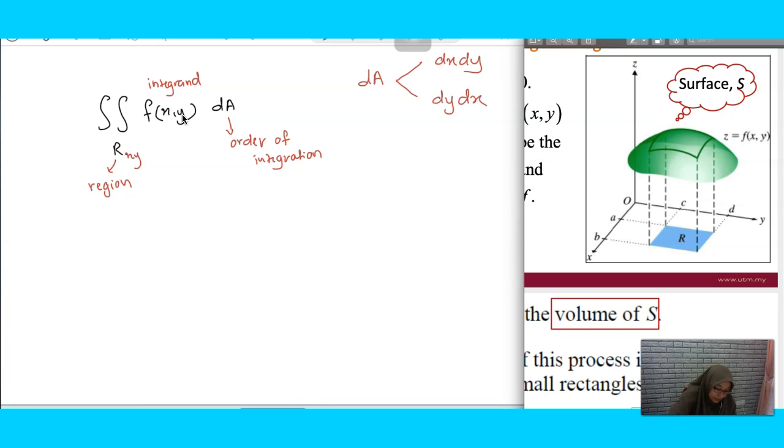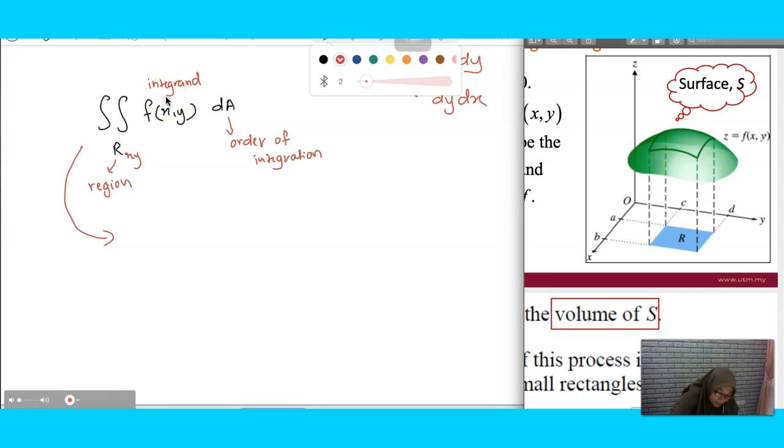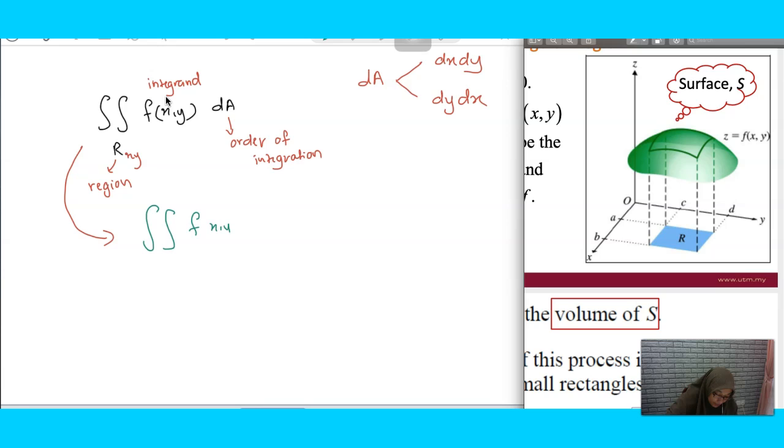If you put the order in this form, it becomes the double integral of f over the region R with dx dy, where your R is on the xy plane. Why do we need to put the xy here? Actually, you don't need to, but it is just to let you know that your region should be lying on the xy plane.